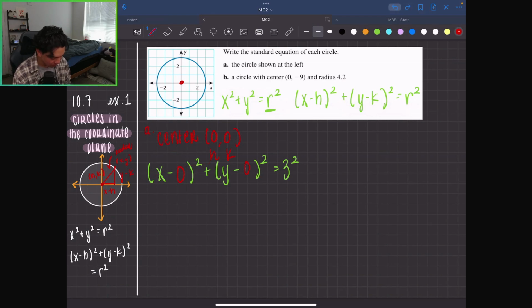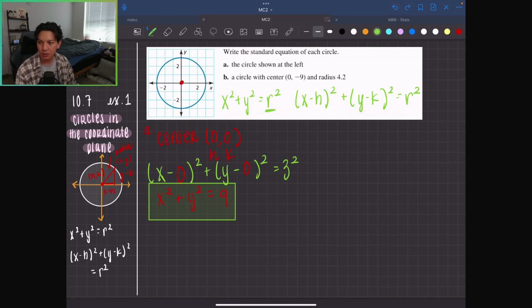We're left with x squared plus, well, y minus 0 is just y, and we have that exponent squared. So x squared plus y squared equals 3 squared, which is 9. And that is the equation of this circle. It is just x squared plus y squared equals 9, where the center is located at 0, 0, and the radius is 3, but it says 9 here, but if we square root that, then that's 3.